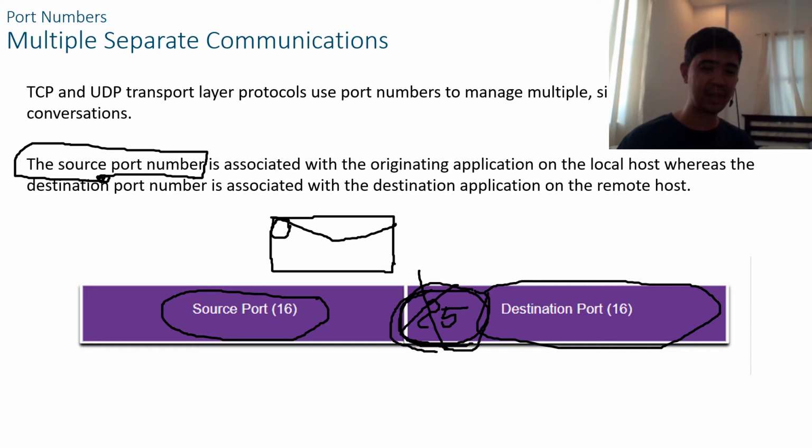It identifies if it is a love letter, a Meralco bill, a credit card bill, and so on. Or in this case, the port number identifies if it is an email, a web browser, a file transfer, and so on.